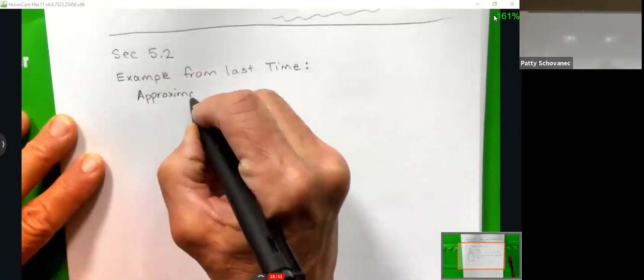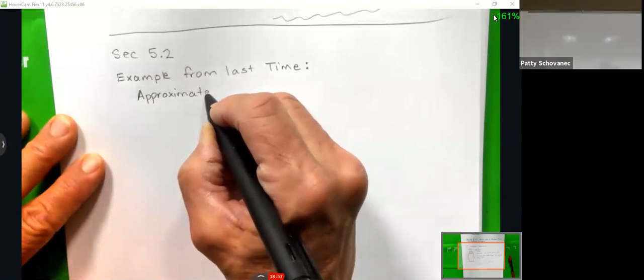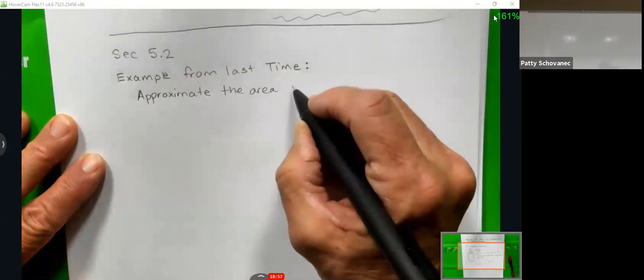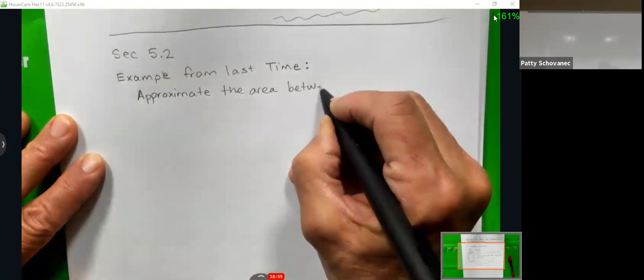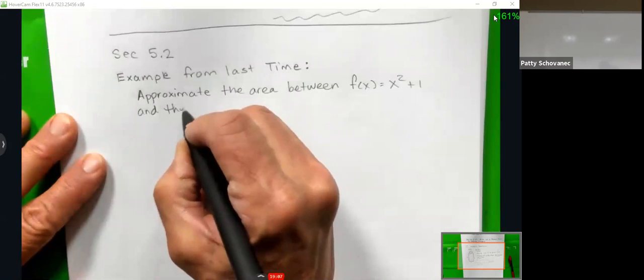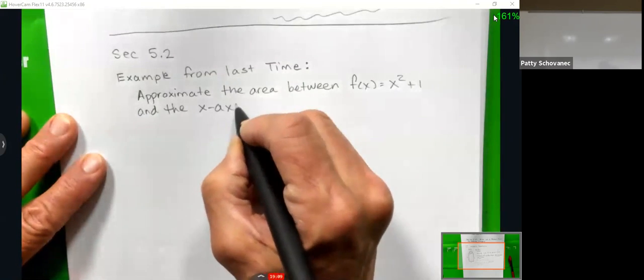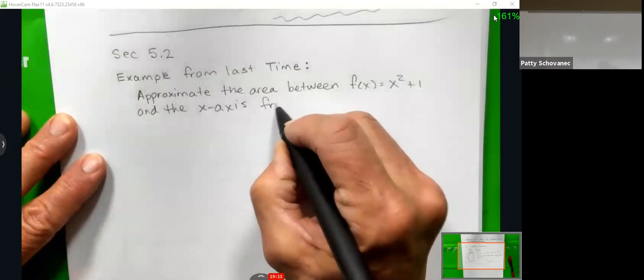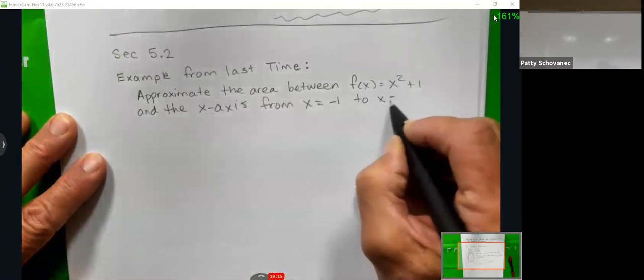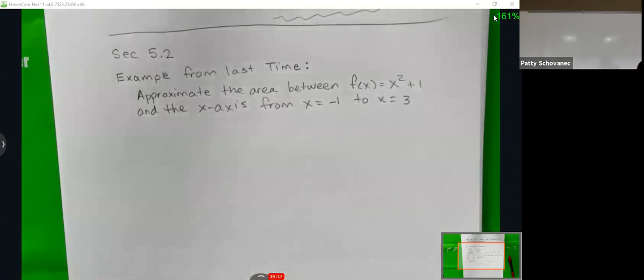First thing we did is we made rectangles to approximate the area between f of x equals x squared plus 1 and the x-axis from x equals -1 to x equals 3, I believe.